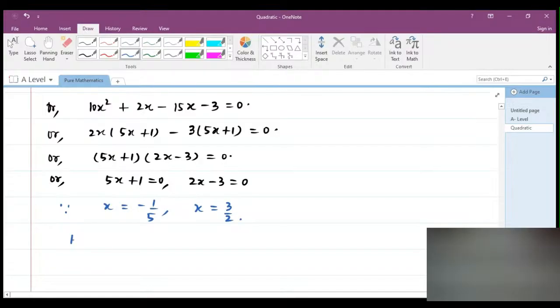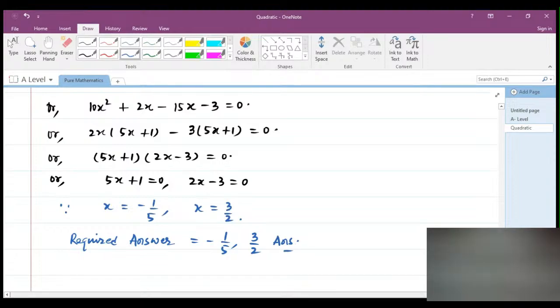So the required answer here will be minus 1 by 5 and 3 by 2. So this is the answer of this question.